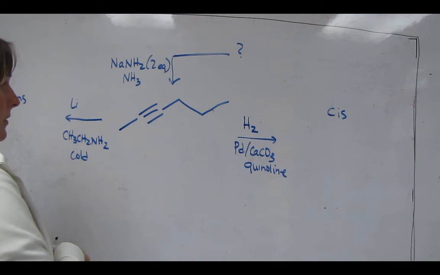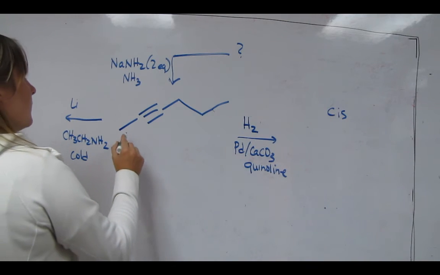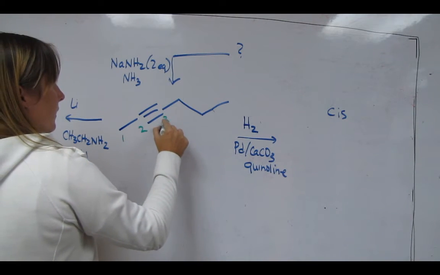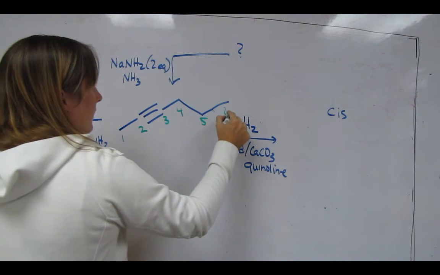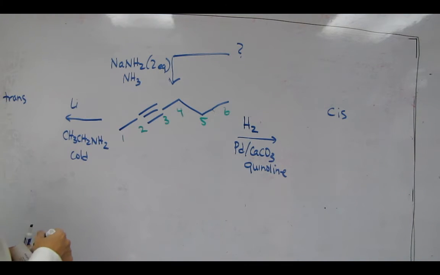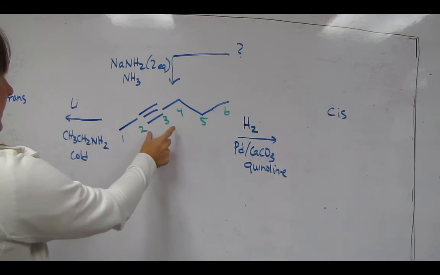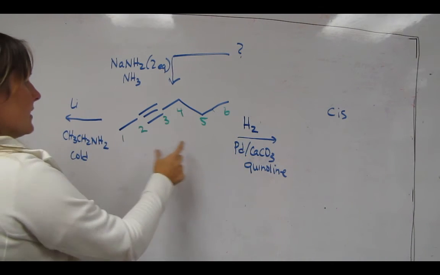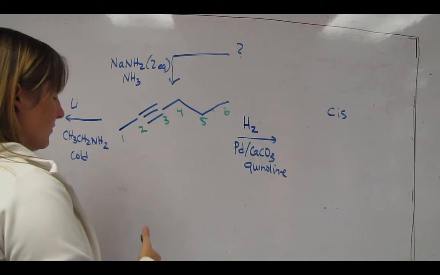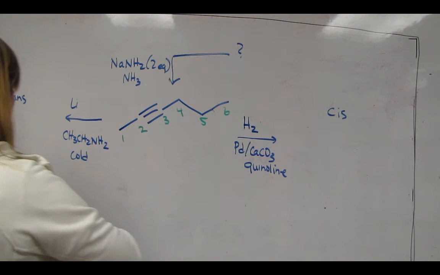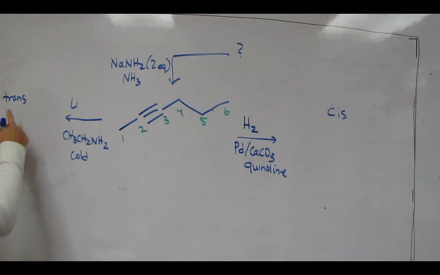Just to make sure you get the backbone correct on these molecules, number. And so I have 6 carbons, and so my alkene, when I reduce in both of these cases, my alkene has to be between carbon 2 and 3. And so in this case it's trans, and trans is going to be part of your zigzag, and that is the easiest one to do.